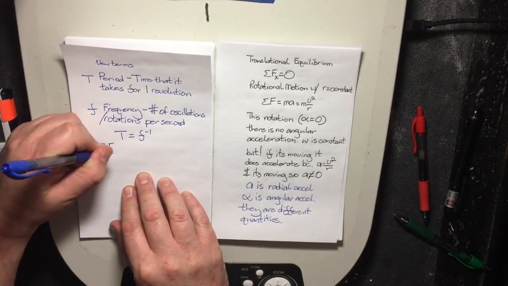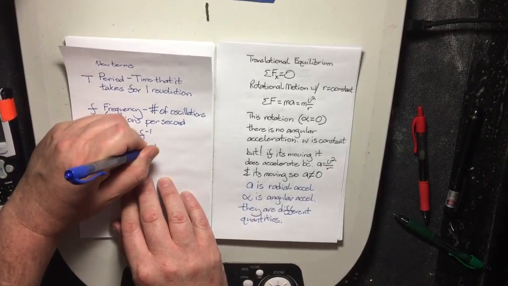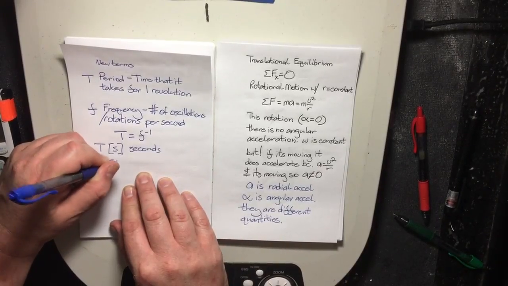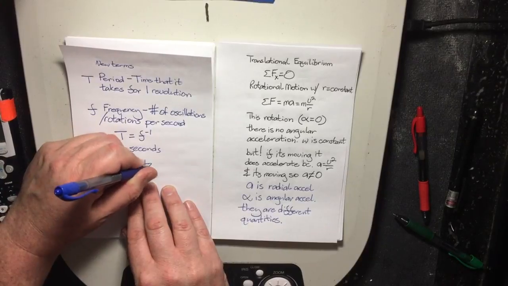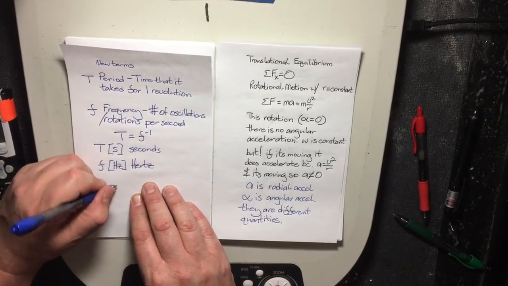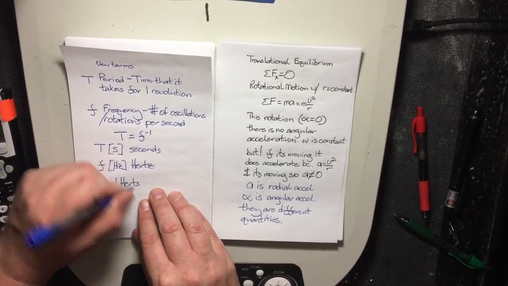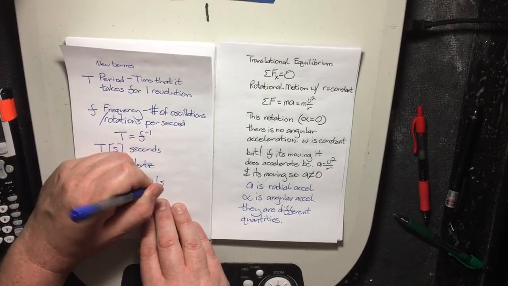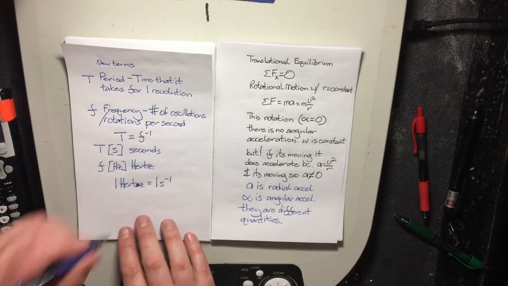Period has units of seconds. f has units of hertz. 1 hertz, not S, Z, is equal to 1 inverse second. And so that's the relationship between period and frequency.